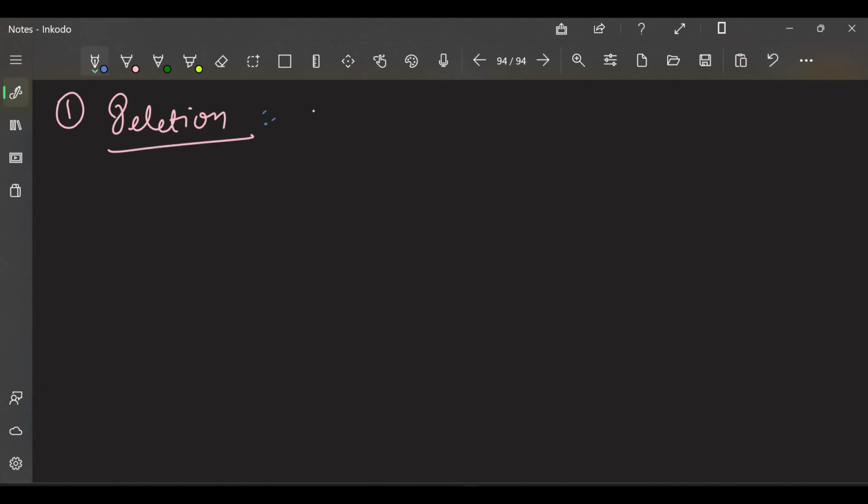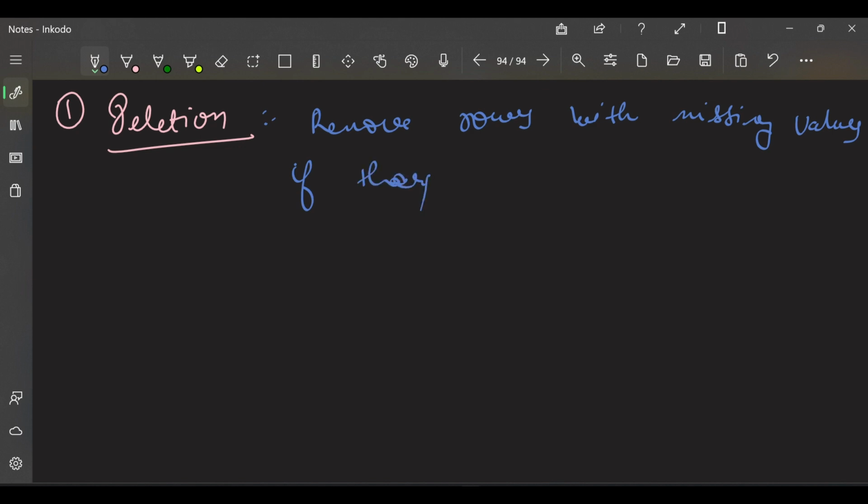Deletion means removing rows with missing values if they are few and not critical. Okay, the downside here is loss of valuable data. The second one which we have discussed is imputation.